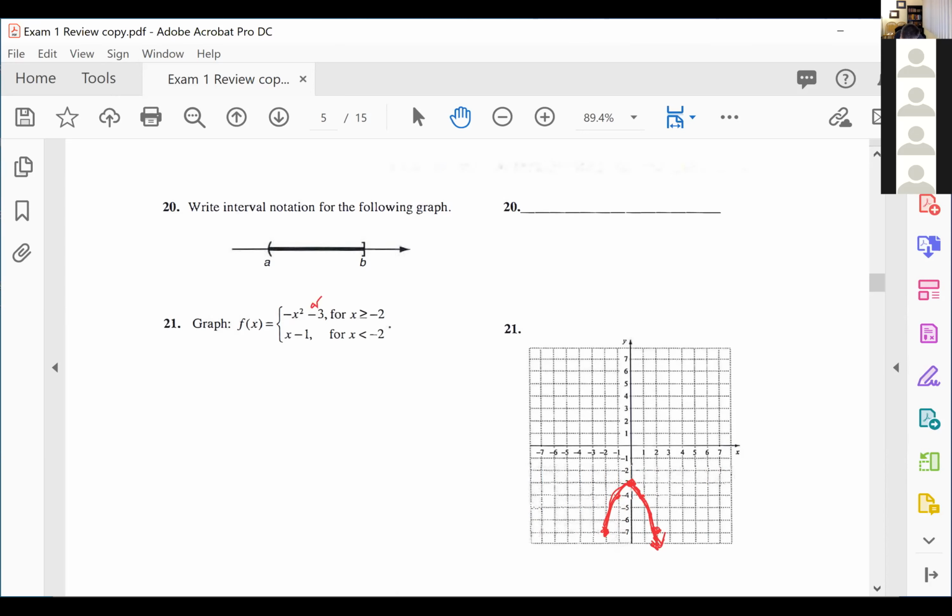So we have the line x equals negative 1, which looks like this. Actually, it looks like, oops, it goes through here.